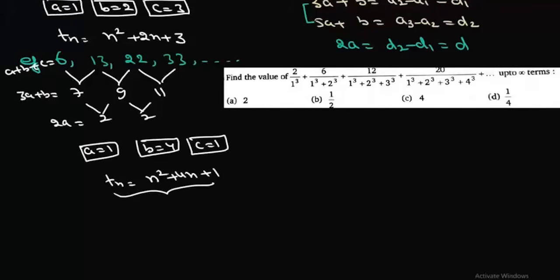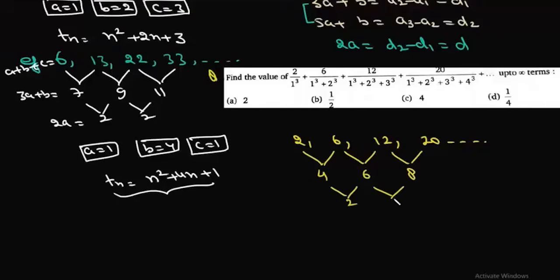And here we need to find the sum of the series up to infinite terms. Now what we'll do is find the sum up to n terms. In the numerator, we have this series 2, 6, 12, and 20, and so on. We'll write the differences: 6 minus 2 is 4, 12 minus 6 is 6, 20 minus 12 is 8.